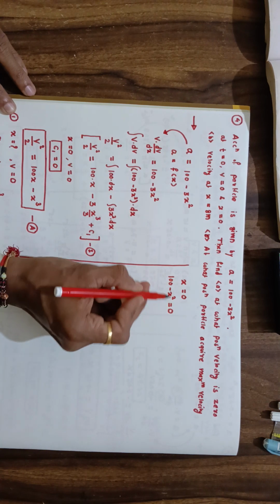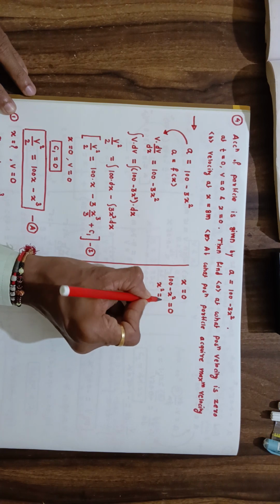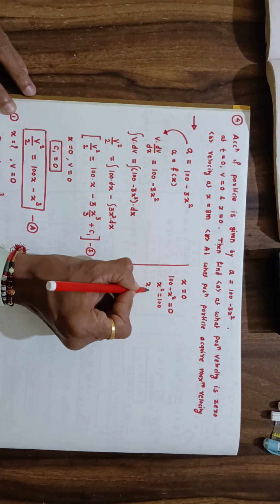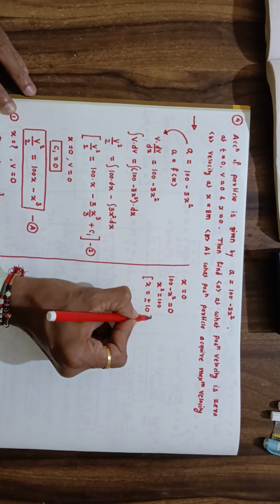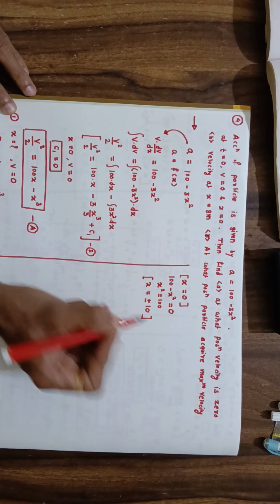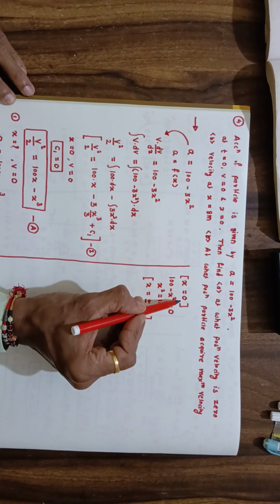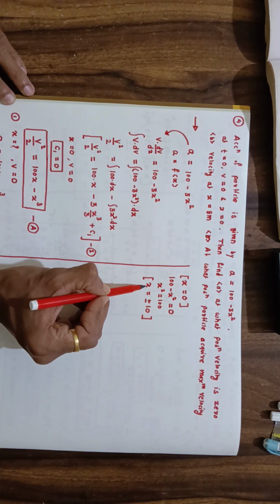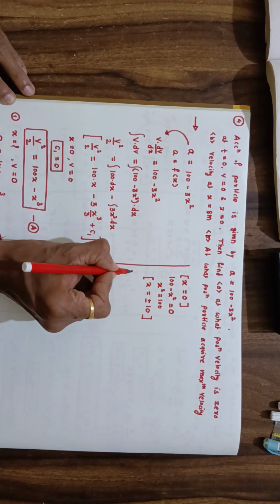Take x square to the right side, so x square is equal to 100 and x is equal to plus or minus 10. Okay, so this is the answer. The meaning is velocity will be 0 at 3 different positions: x is 0, x is plus 10 and x is minus 10.